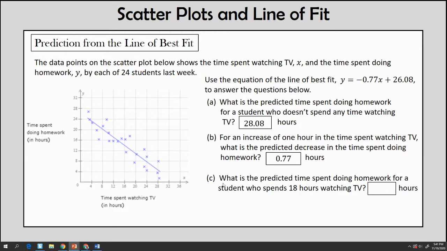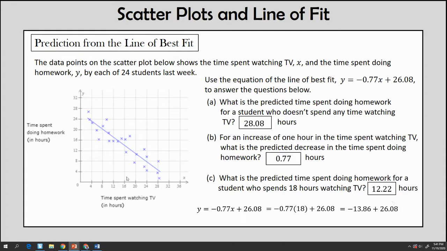And then finally, what's the predicted time spent doing homework for a student who spends 18 hours watching TV? Use your equation, right? Here it is. We've got negative 0.77x plus 26.08. Put in our 18 for X, because again, X is the hours spent watching TV.